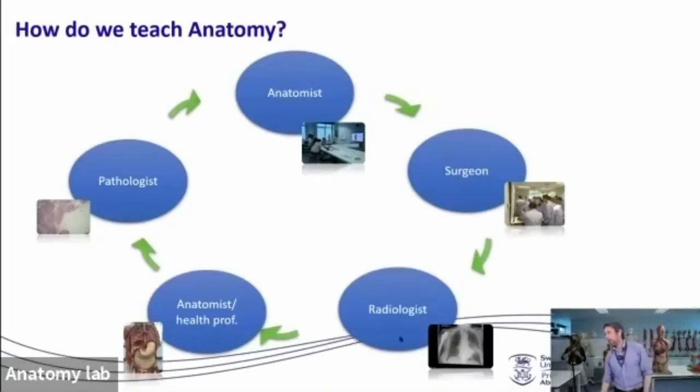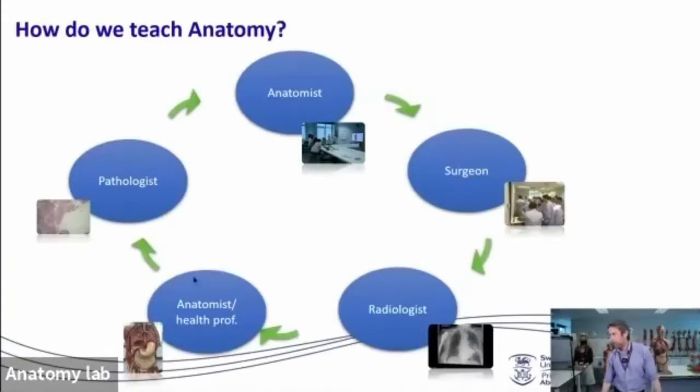And then we'll have a radiology station every week. We're getting students used to thinking about the three-dimensional structures of the body, relating those to radiology, because clinically that's how they're going to see most of the anatomy. They're going to be poking people using their surface anatomy and looking at radiology.